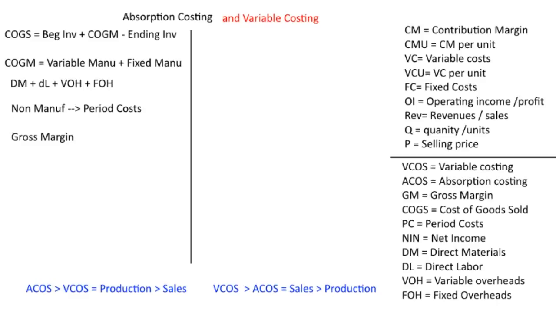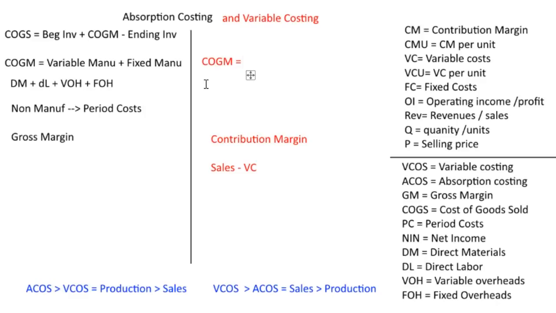Whereas for variable costing, we are actually talking about the contribution margin, which you already have seen from the other videos. It is your sales minus your variable costs, right?